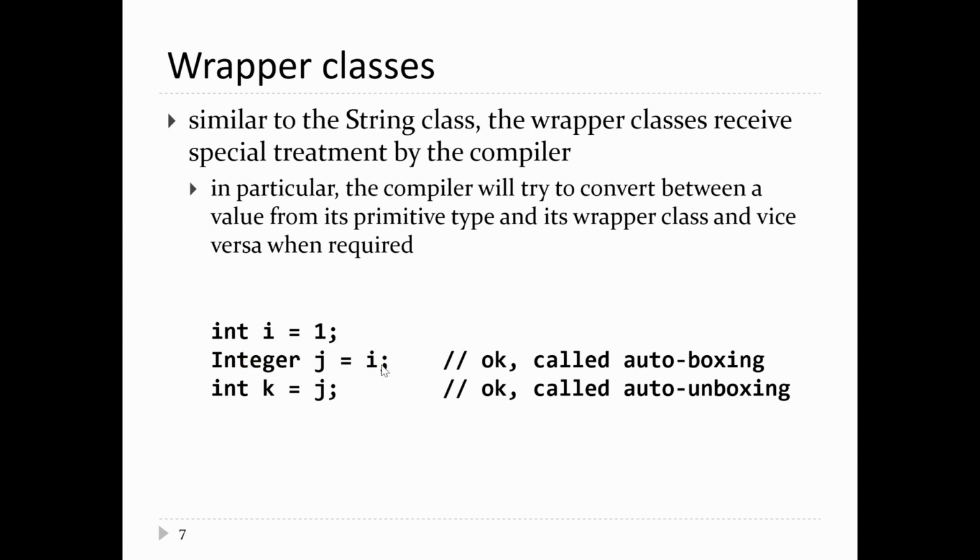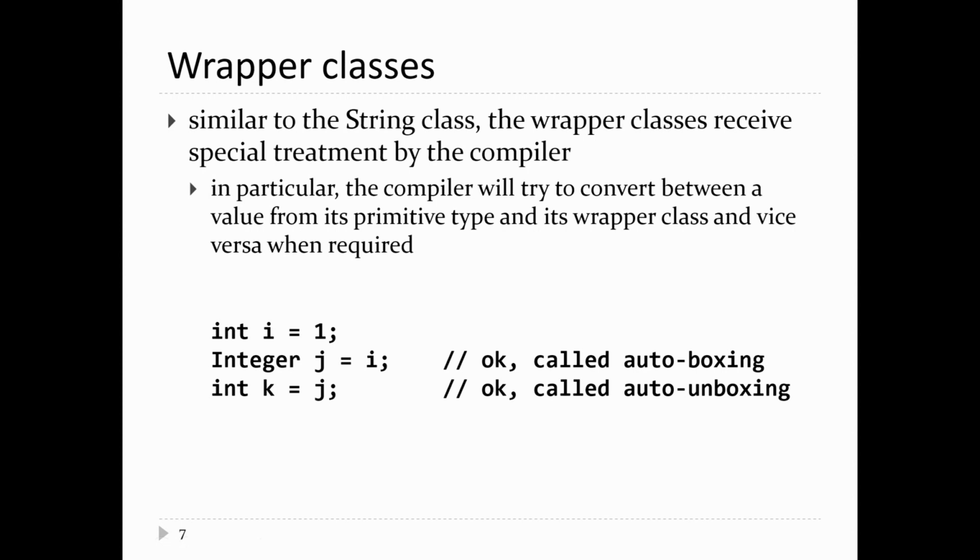Normally you wouldn't be able to assign a primitive value to a reference type, but the compiler will convert that i for you automatically. In other words, when the compiler sees that that's an int, and it sees that j is an Integer, the compiler automatically converts that int to a big I Integer object. That's called autoboxing.